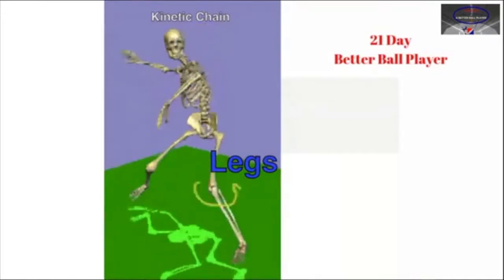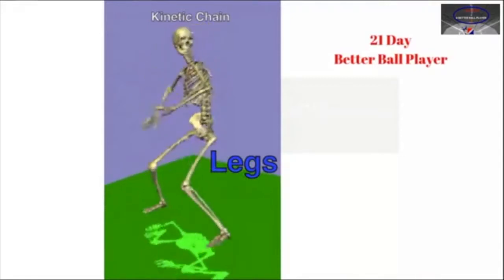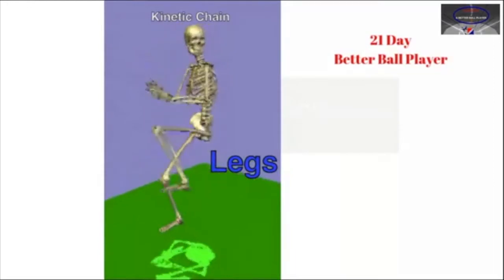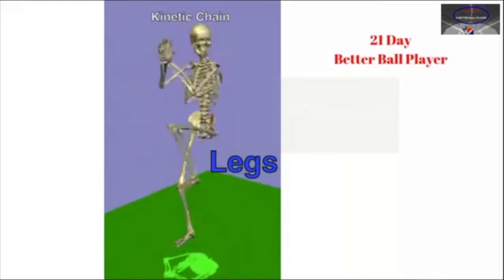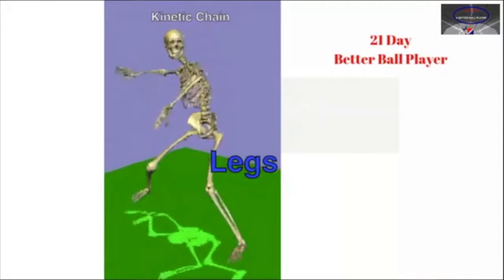If I'm using my video, if I'm trying to watch my player in real time, well, the very first thing I'm looking at is the back foot. So my skeleton here on our kinetic chain, we're looking at legs, would be my back foot. When I'm looking at my player, it's the back foot. Is he through his ankle? Is he through the middle of that foot?